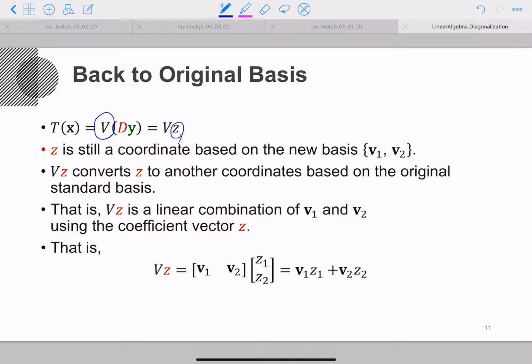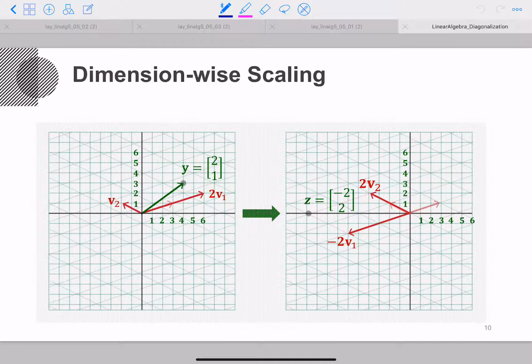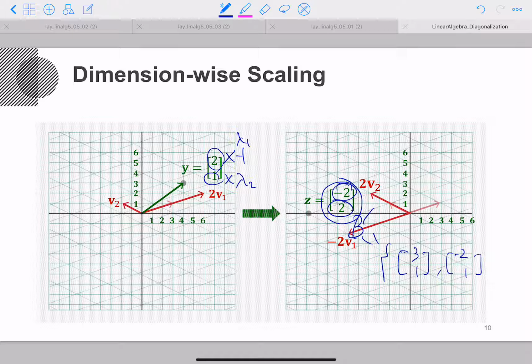So here, 2 times -1 is lambda 1, and this is lambda 2. That way we obtain these, but these are the coordinates with respect to b prime, where b prime has the basis (3, 1) and (-2, 1), which are the two eigenvectors.